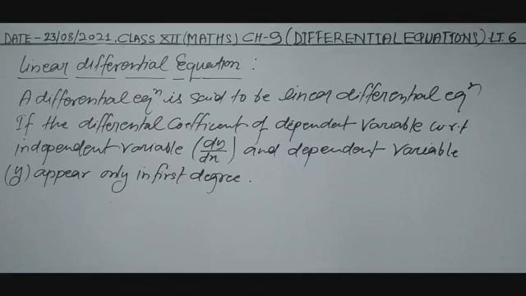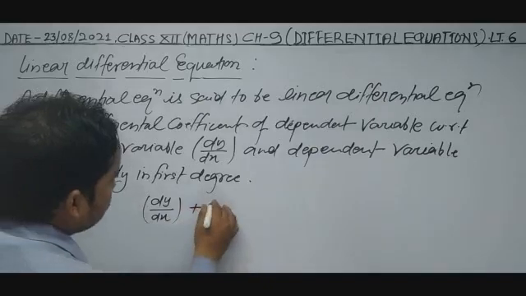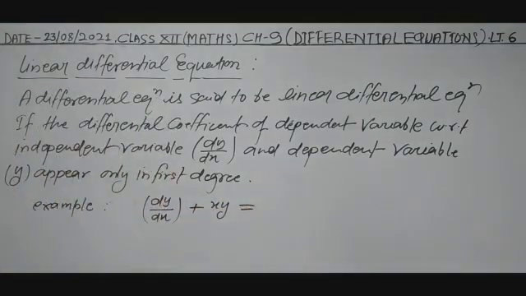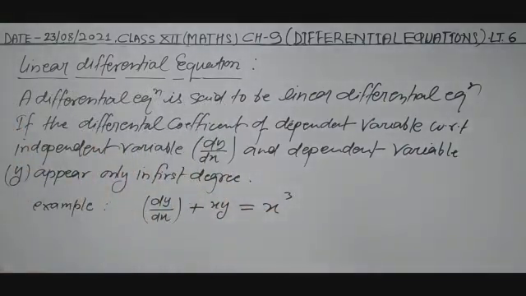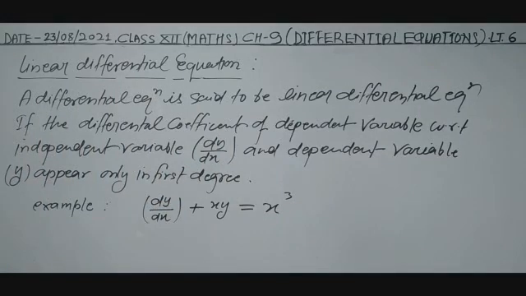See, examples of linear differential equation. Suppose dy by dx plus xy is equal to, suppose a constant or a variable also, x cube. This is the differential coefficient, and the degree is 1, power is 1.